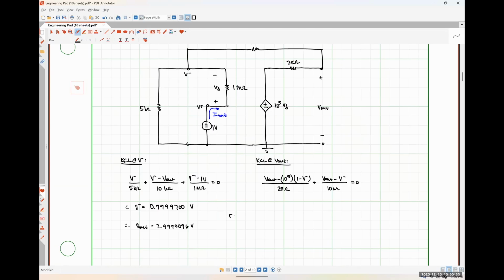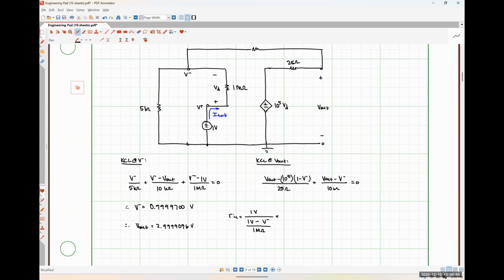And we're going to say that our input resistance is going to be 1 volt, which is our test voltage, divided by our test current. Well, our test current is going to be 1 volt minus V minus divided by that 1 mega ohm of resistance.